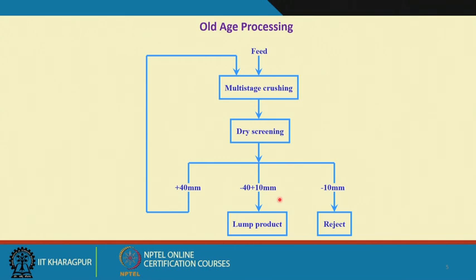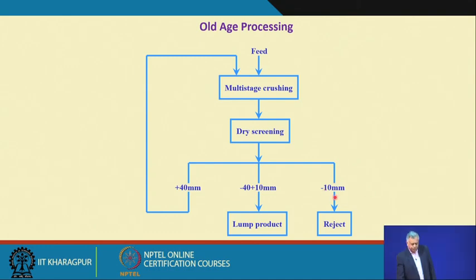Now, with the development of the techniques of increasing the sizes, you may ask me why the metallurgists want minus 40 plus 10. For that, I would suggest you go through the basic iron making books on blast furnaces to understand.